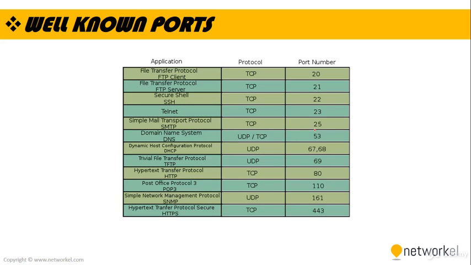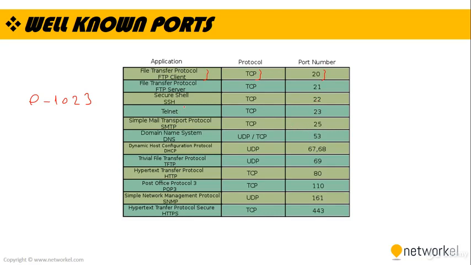The port numbers in the range from 0 to 1023 are the well-known ports or the system ports. They are used by system processes that provide widely used types of network services. For example, FTP is a well-known port, FTP uses the TCP protocol, and the port number of FTP is 20.